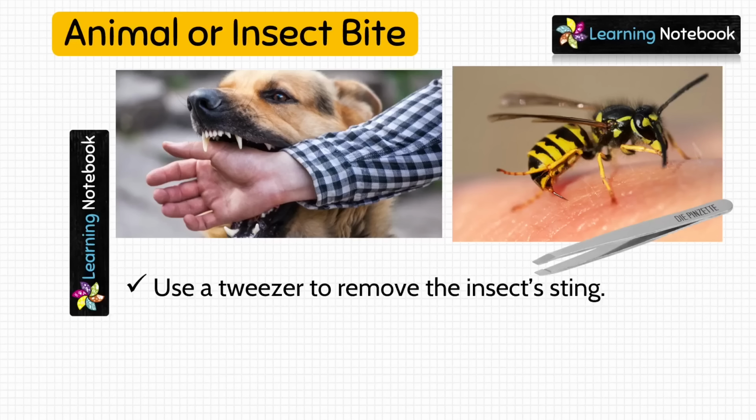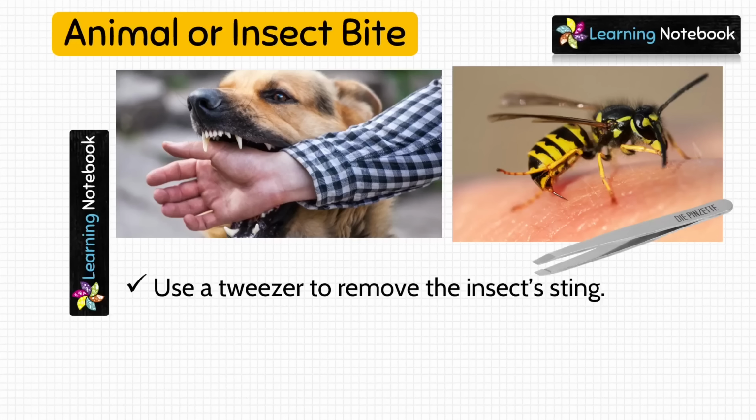Now let's learn about snake bite. This first picture is showing the snake bite. And students, snake bite is very dangerous. It is fatal if venom or poison reaches the heart.